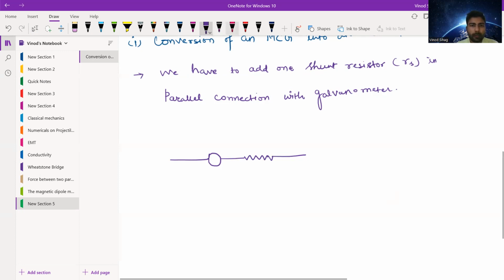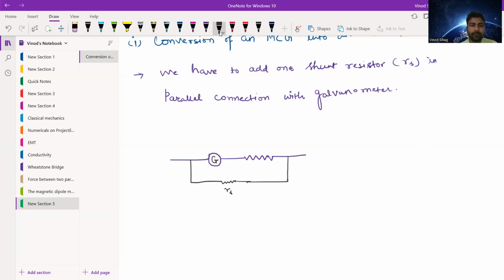Now we want to convert it into the ammeter, so we have to connect one small resistance, or shunt resistance, RS in parallel connection with the galvanometer.